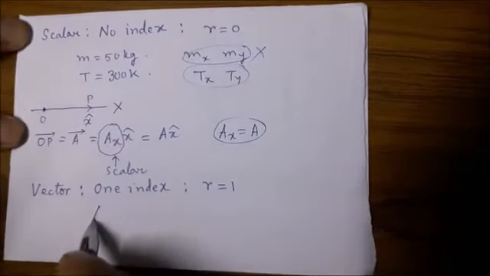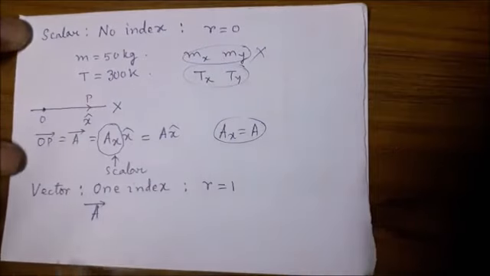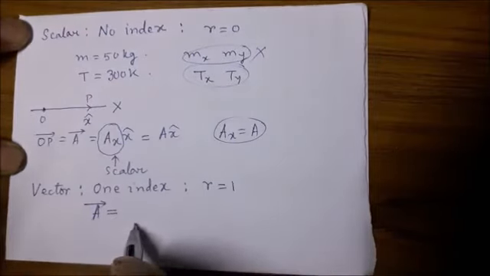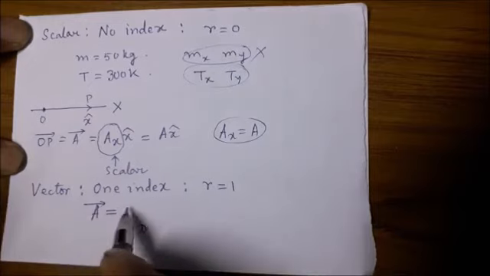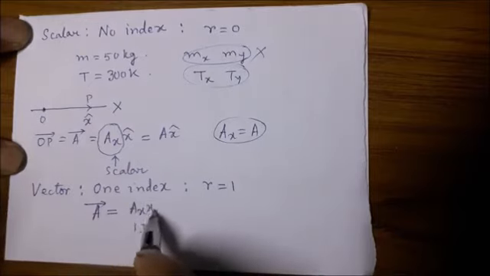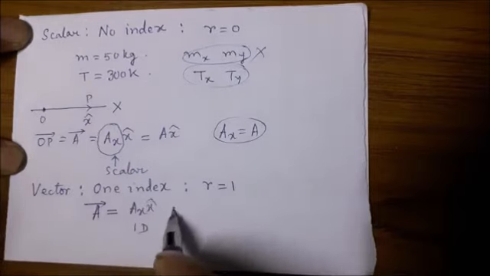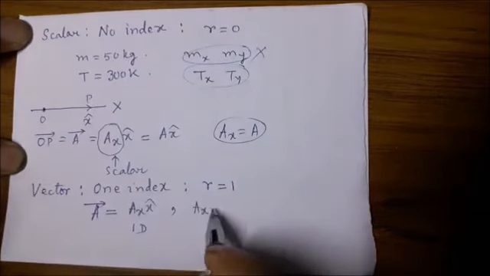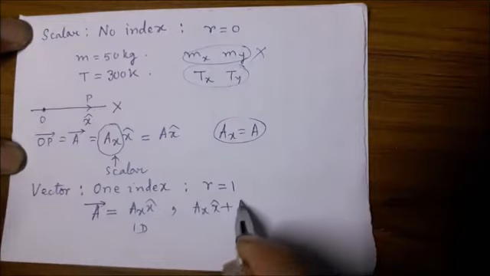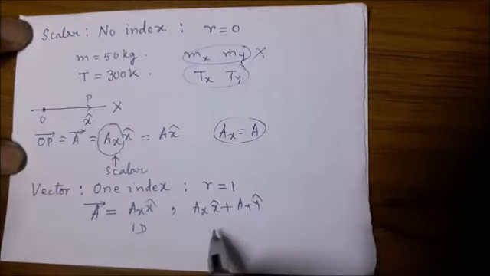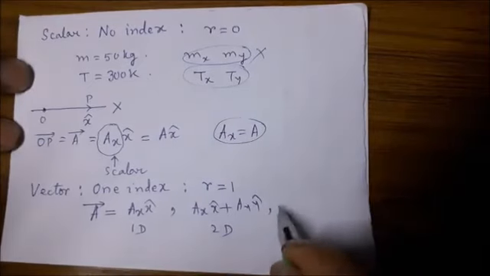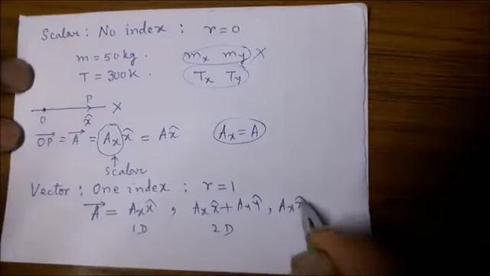Consider a vector A. In 1D we can write it as ax x hat. In 2D we can write it as ax x hat plus ay y hat, and in 3D we will have another term.